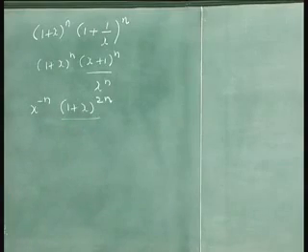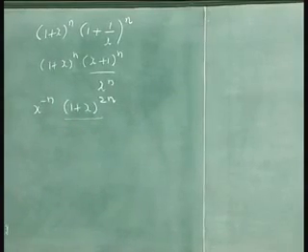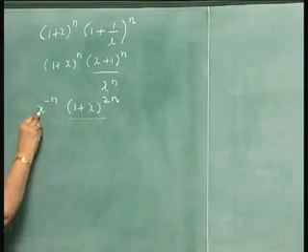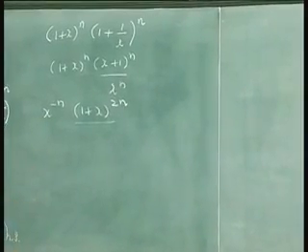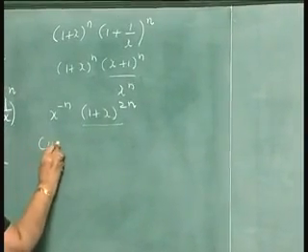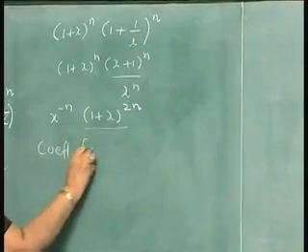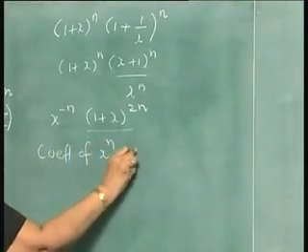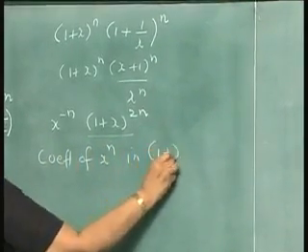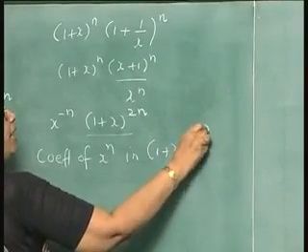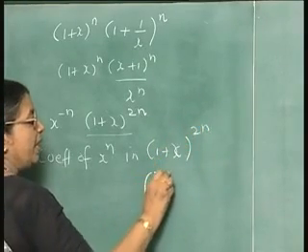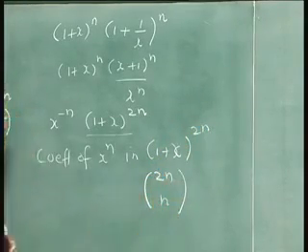So, what is the coefficient of x power n in (1 plus x) power 2n? That is 2nCn, right? When you multiply this by x power minus n, you get the constant term.